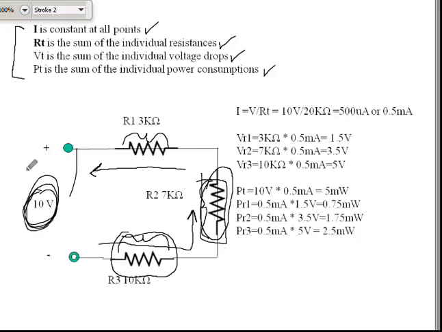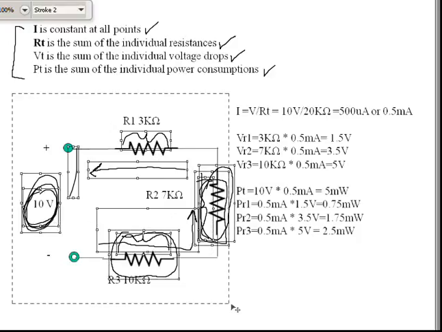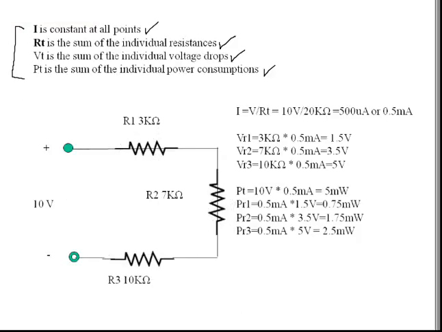And mathematically we can prove that. Based on the fact that current is constant, we can prove the rest. In this case, we happen to have 3 k ohms, 7 k ohms, and 10 k ohms.